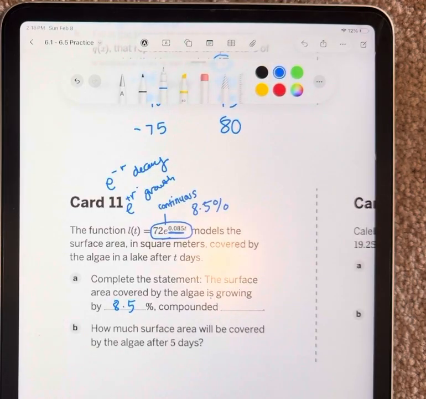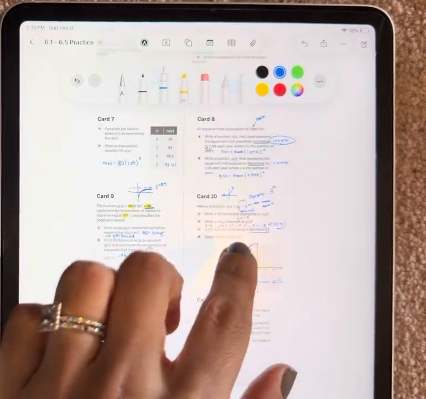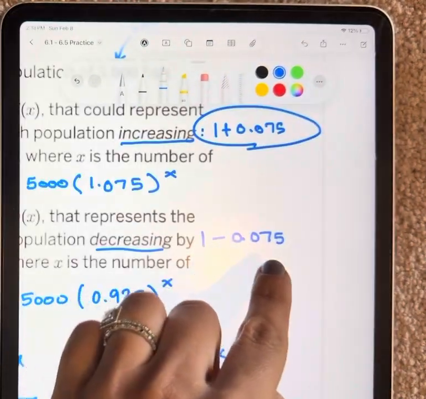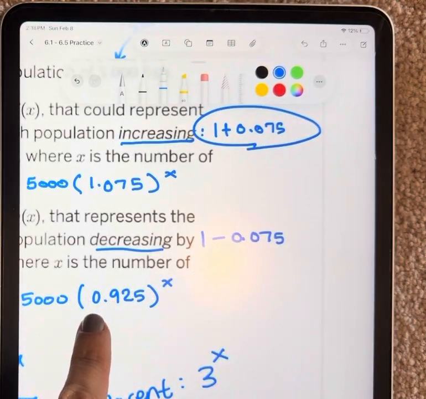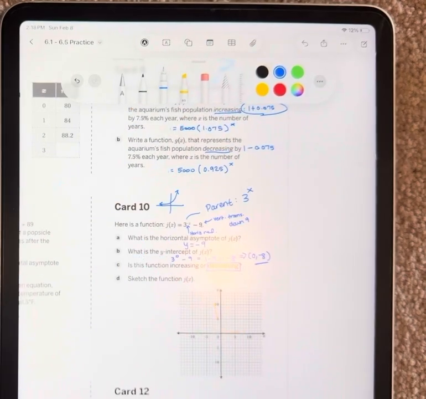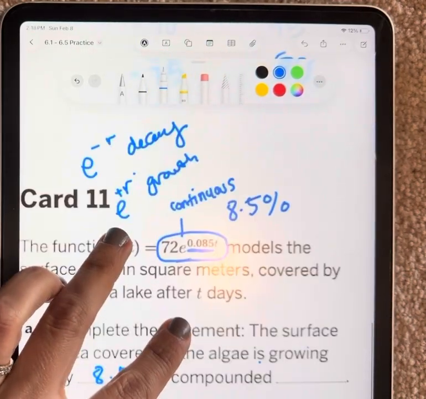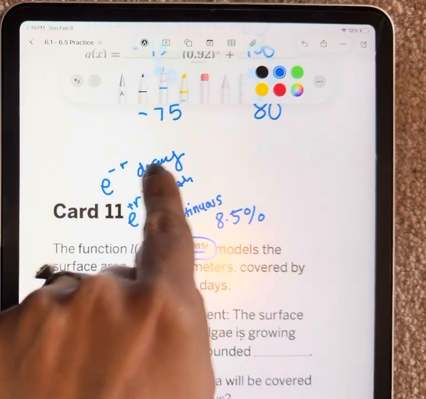All right, so just remember that. In our other equations, we don't see that negative because it becomes 1 minus the percentage and it ends up being a number less than 1. Only when it's E, it shows up this way.